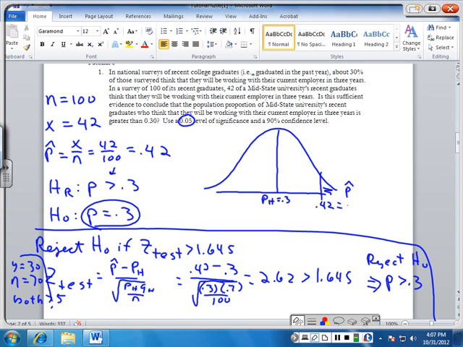That's the specific p hat in this problem. And the z for that is equal to 2.62. So this point right here is 2.62 standard deviations or standard errors above the mean. And if you look that up, you're going to get 0.4956. That's here, 0.4956. Subtract that from 0.5 and you'll get 0.0044. That is the p-value.